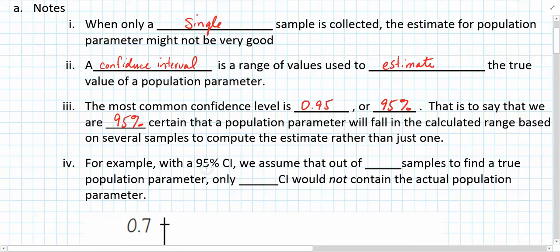For example, with a 95% confidence interval, we assume that out of 20 samples to find a true population parameter, only one confidence interval, or one of those samples, would not contain the actual population parameter.